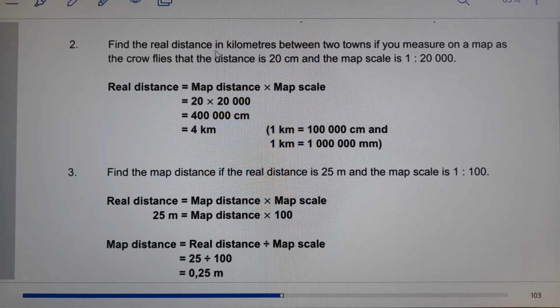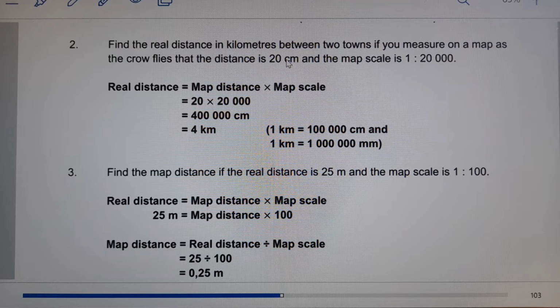Okay. And now we have the second example here. They say find the real distance in kilometer between two towns if you measure on a map as the crow flies, that the distance is 20 centimeter on the map.